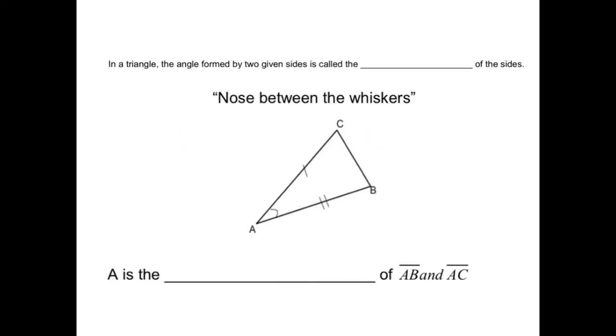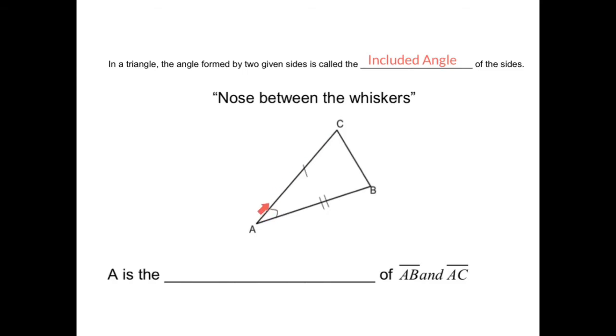As we make our way to the next postulate, it's important to get just one more little bit of information about triangles. It says, in a triangle, the angle formed by two given sides is called the included angle of the sides. The deal with this particular look is I want you to think like it's the nose between the whiskers. So that angle there kind of looks like a nose of a mouse maybe.